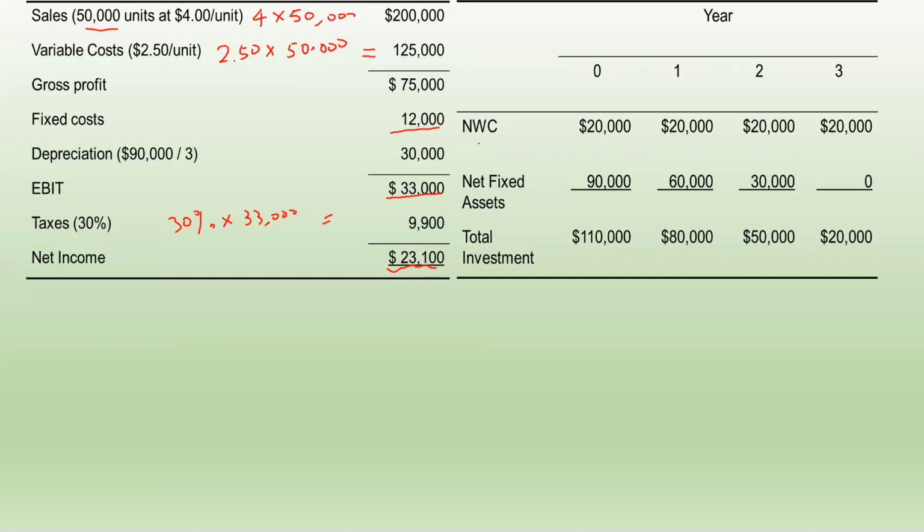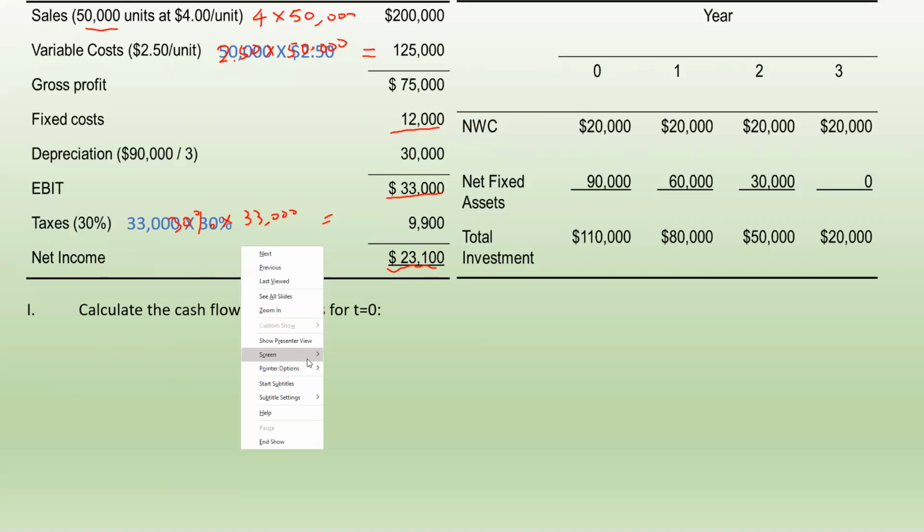And the net working capital. So here it's overlapped, I will just erase this.